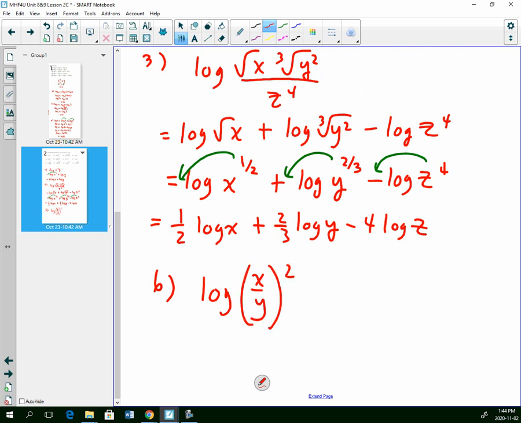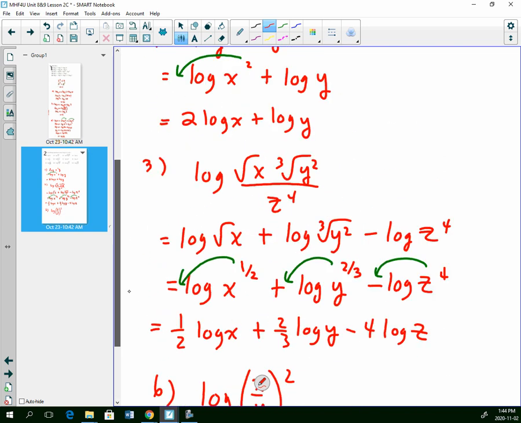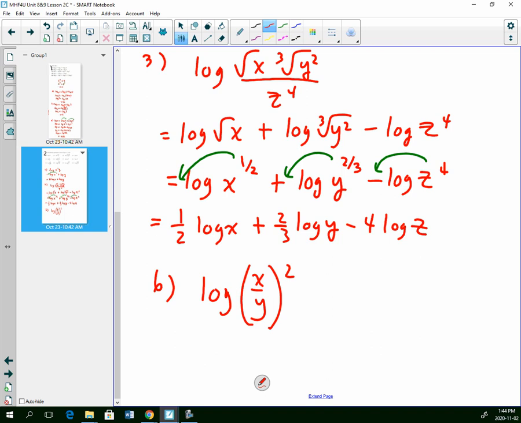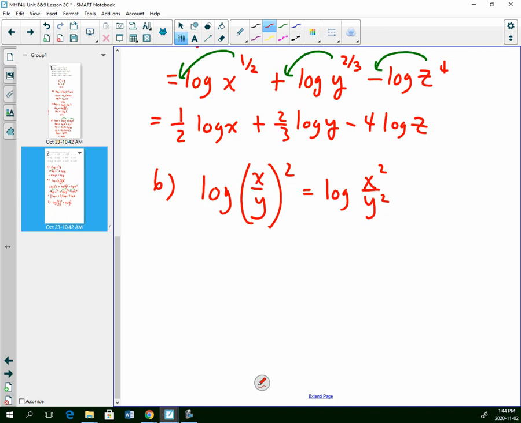So this one's different because there's brackets around the x and the y. That means that the power 2 belongs to both the x and the y. So I might apply that power to the x and the y first before I separate. And I'll show you the difference.